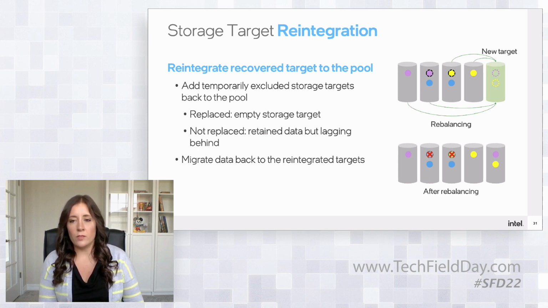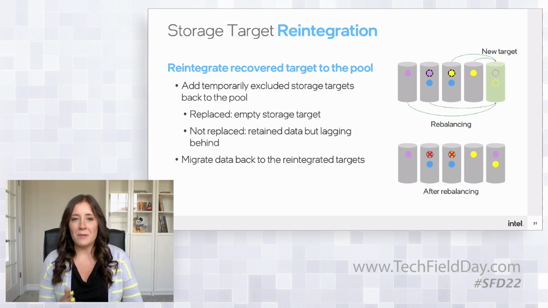Because we're using algorithmic data placement based on a deterministic pseudo-random algorithm, the data servers of DAOS can independently discover objects that are impacted by the fault and reconstruct those missing data pieces in the background.